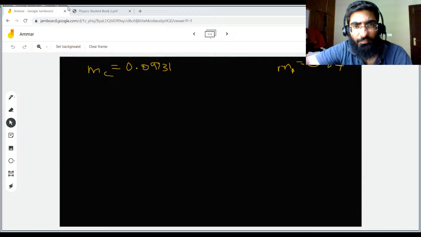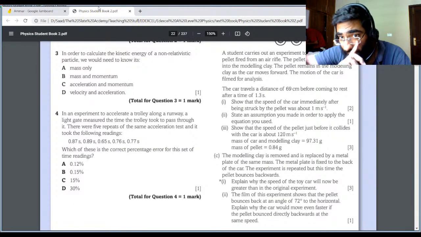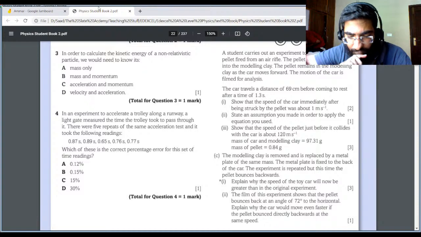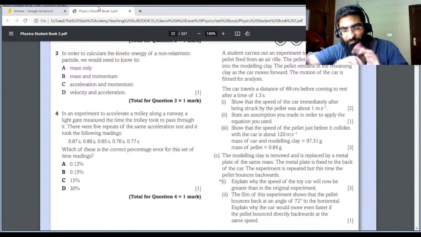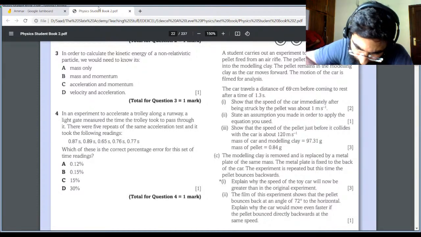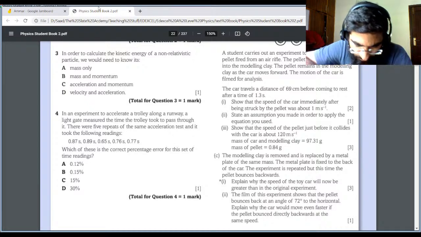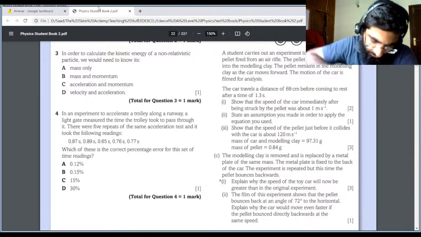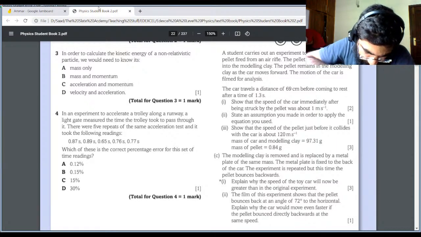Pellet just before it collides. So we knew that V was 1 here. U of car was 0, V of car is 1.